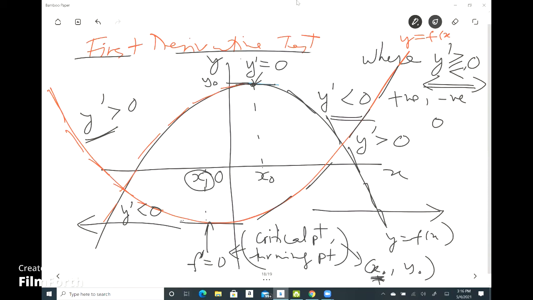If you look at the black curve, the first curve here, we know that the critical point is the separation point that will determine the intervals. So for x, for what values of x will you have y prime positive? From where to where?